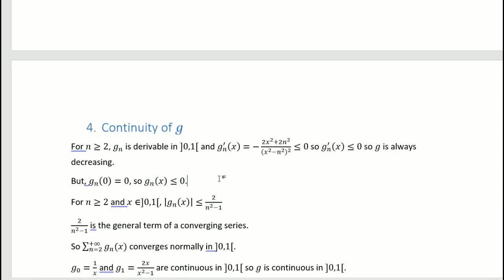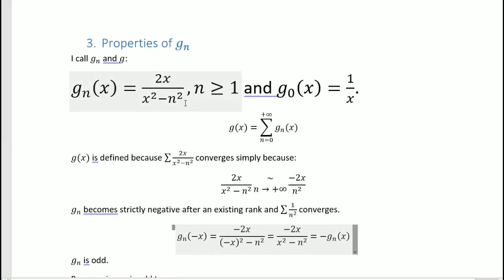So for n greater than or equal to 2 and for x between 0 and 1 excluded, the absolute value of g_n of x is less than 2 over n squared minus 1. This comes from, wait, where is it?